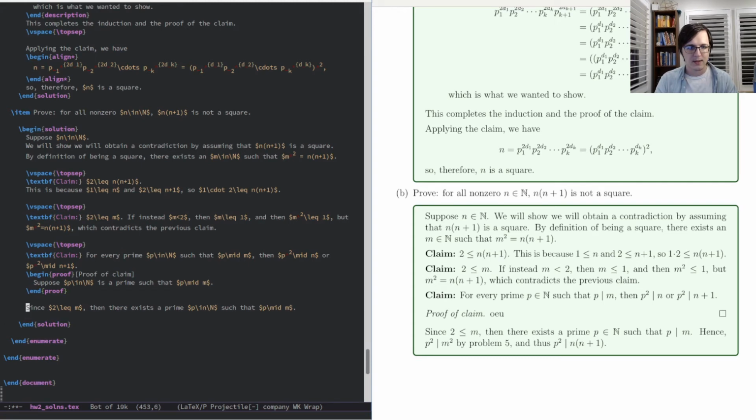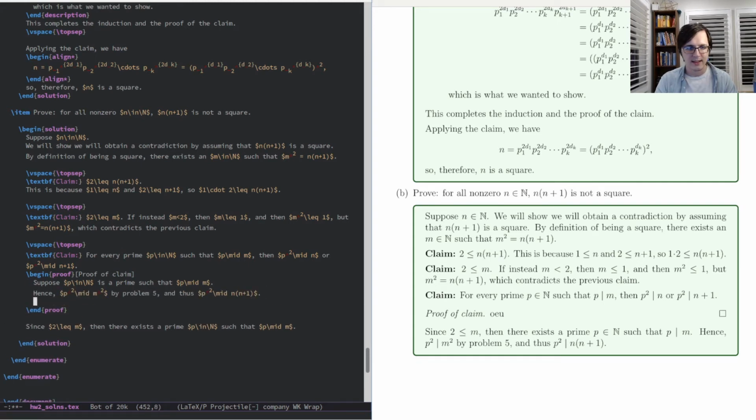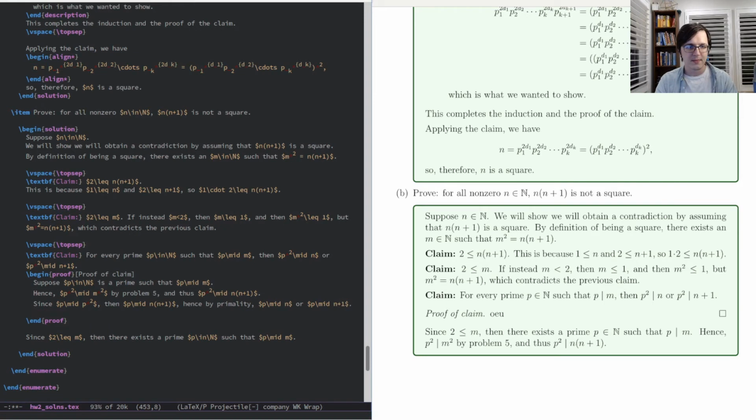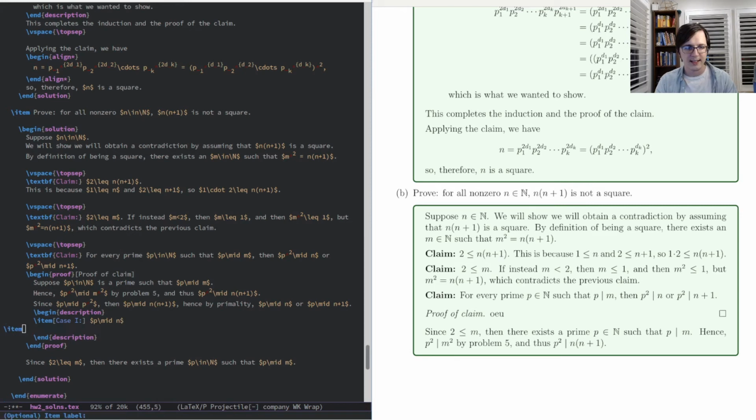So we got this there. And then also, since p divides p squared, then p divides n times n plus 1. Hence, by primality, p divides n or p divides n plus 1. So let's do cases. Case 1, p divides n. And case 2, p divides n plus 1.